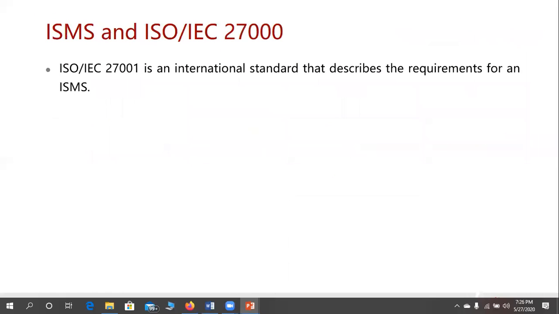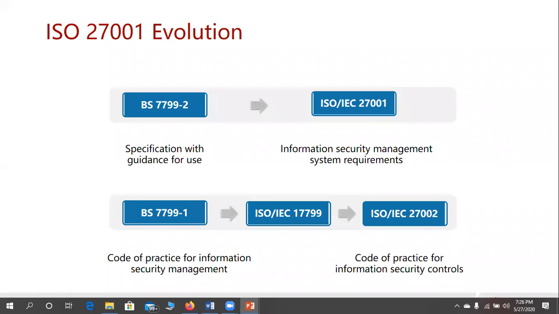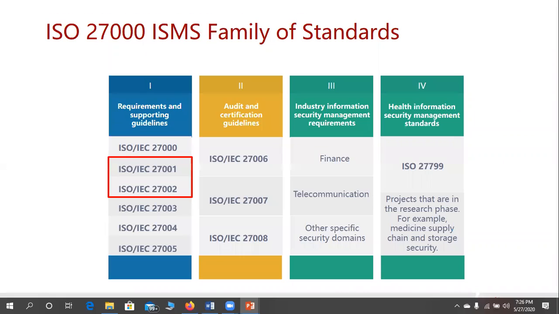Mr. Teo, I've got a question. Yes. Which one comes first between ISO 27001 or ISO 27002 when it comes to planning an information system? Yes, the one which comes first is 27001. It is the one having the requirements.